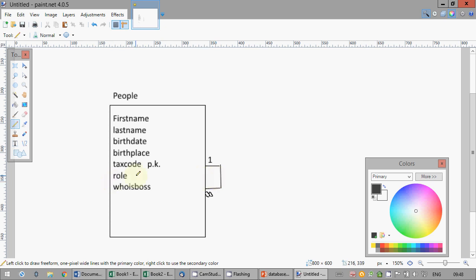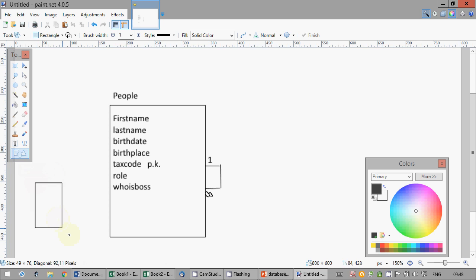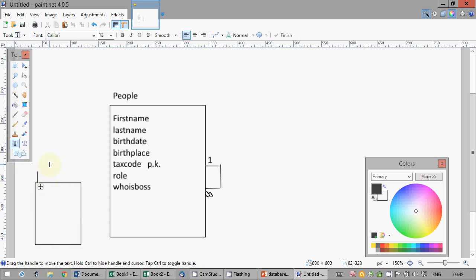Well, if you want to standardize the roles, because if you leave a role like this, everybody's free to write whatever, you build a separate table with roles: name, which is a primary key, description, salary.